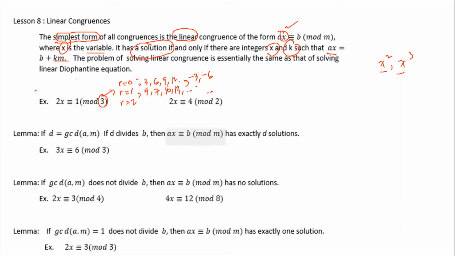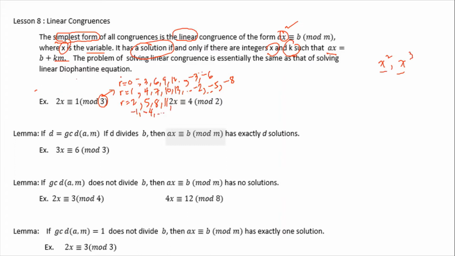If you include the negatives, 1 minus 3 is negative 2, then negative 5, negative 8, and so on. If you have a remainder of 2, you have 5, 8, 11. With negatives, you can have negative 1, negative 4, and so on.